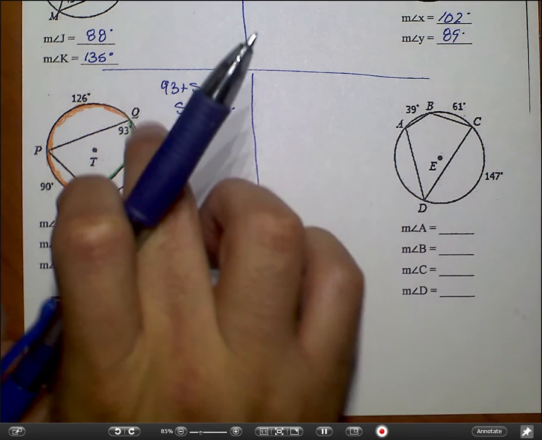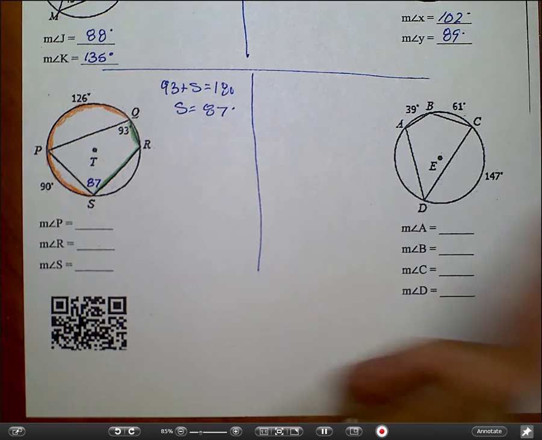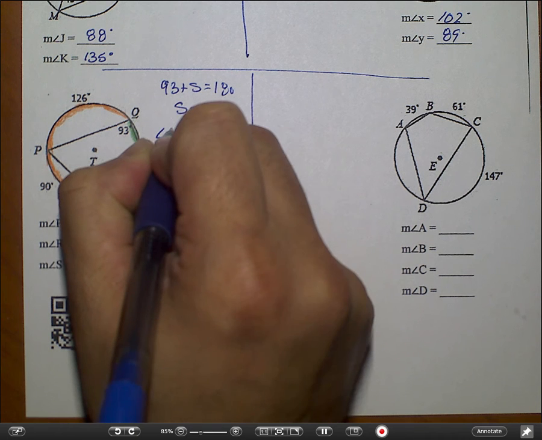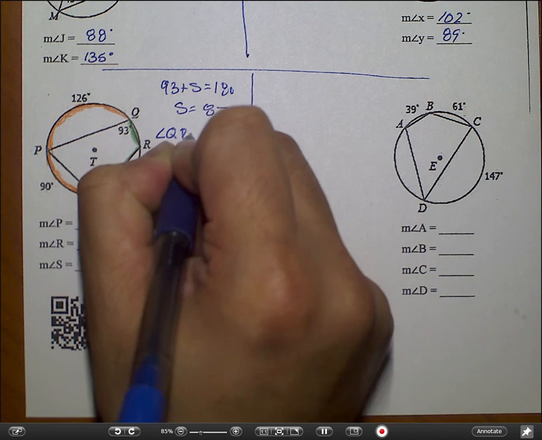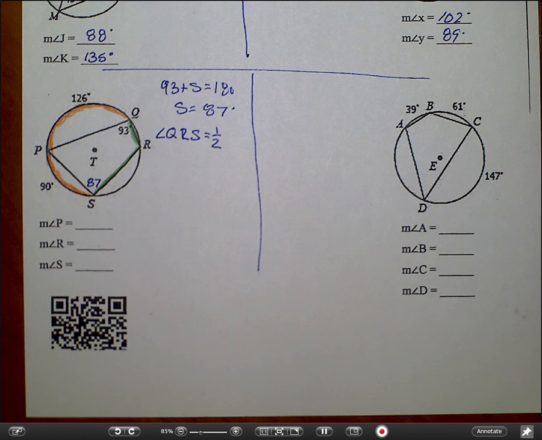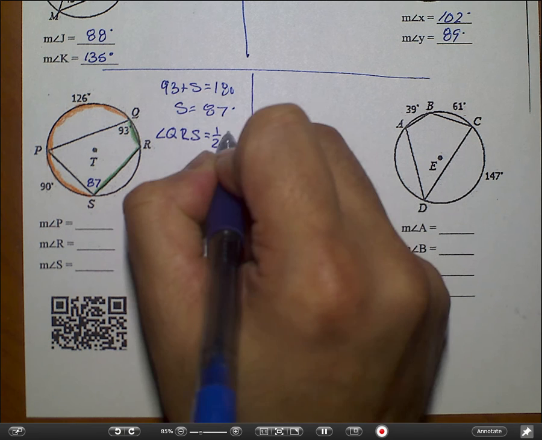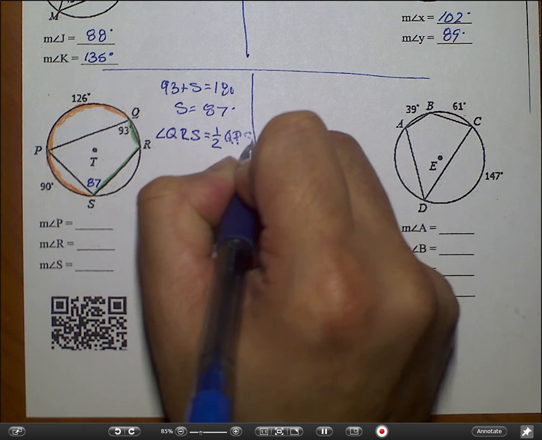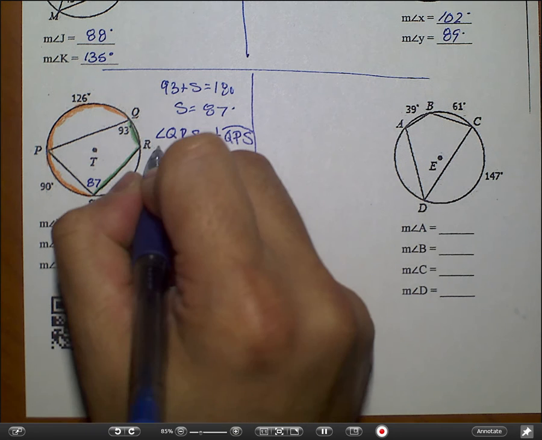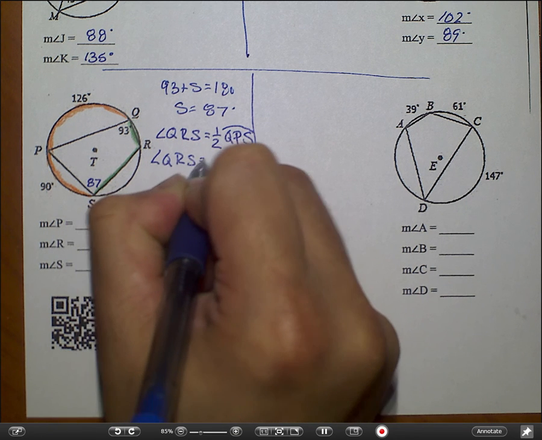Okay, so what is my arc going to be? So my inscribed angle, we're going to say angle QRS is equal to 1/2 my arc, and that would be arc QPS. So let's plug in. Angle QRS is equal to 1/2.